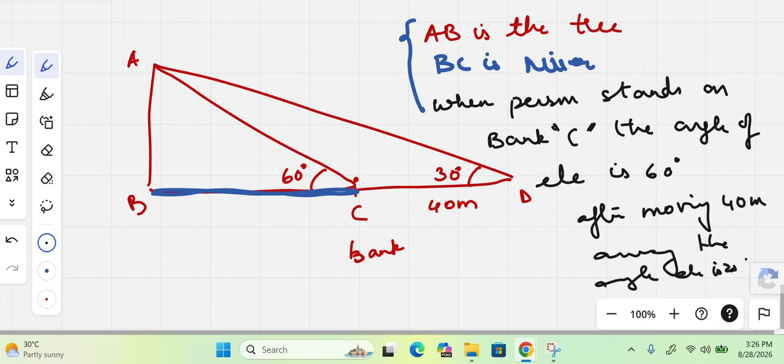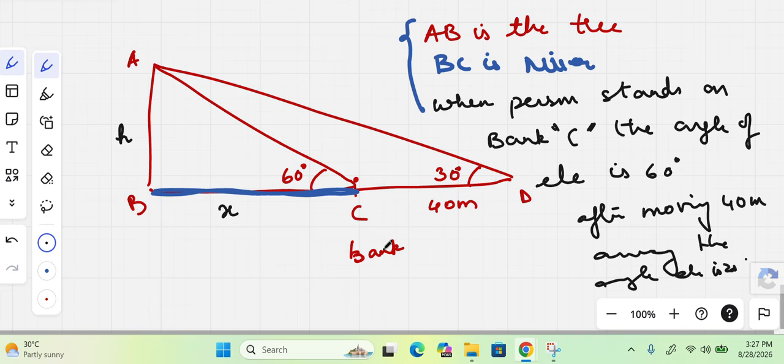Twenty root 3. I think yes. Did everybody get it? Kids, so first what will you do? You don't know this one, you will say X, and this you can say as H. Up to you. Or else you can use the alphabets also.